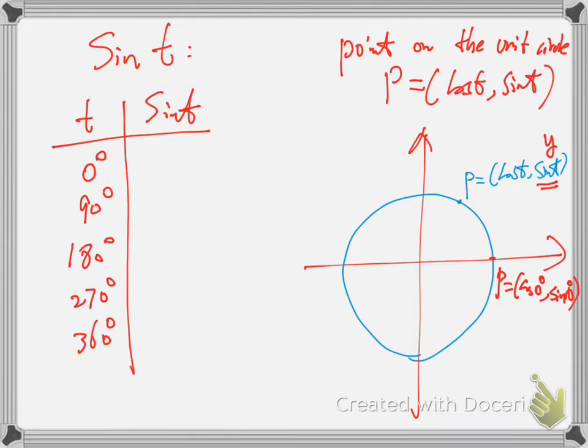Because the radius is 1, this point is 1, 0. So cosine of 0 degrees is 1 and sine 0 degrees is 0. So we got sine 0 is 0.